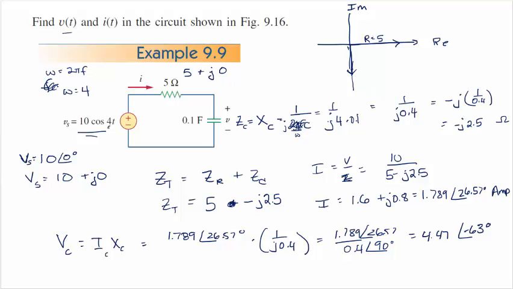So it's this value right here, minus j 2.5. So XC right there along the imaginary axis is 2.5 pointing down. So it's minus 2.5 j, right? And then I get a resultant Z right here. The resultant Z right there equals 5 minus j 2.5.